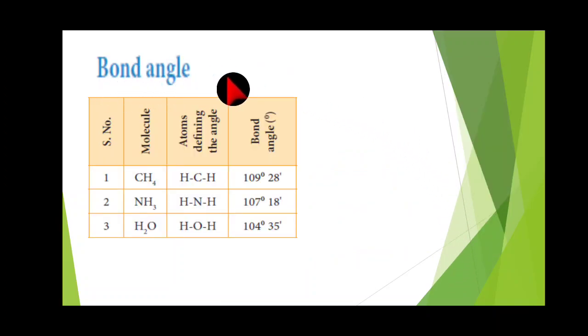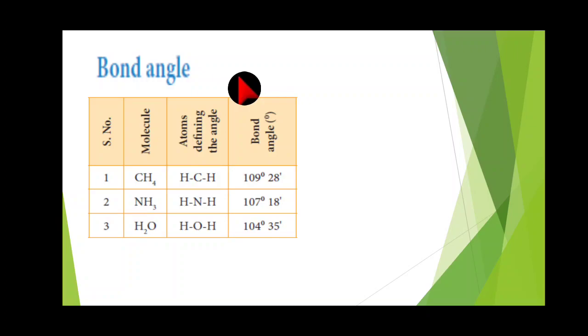Let us discuss bond angle. Covalent bonds are directional in nature and are oriented in specific directions in space. This directional nature creates a fixed angle between two covalent bonds in a molecule, and this angle is termed as bond angle. It is usually expressed in degrees.